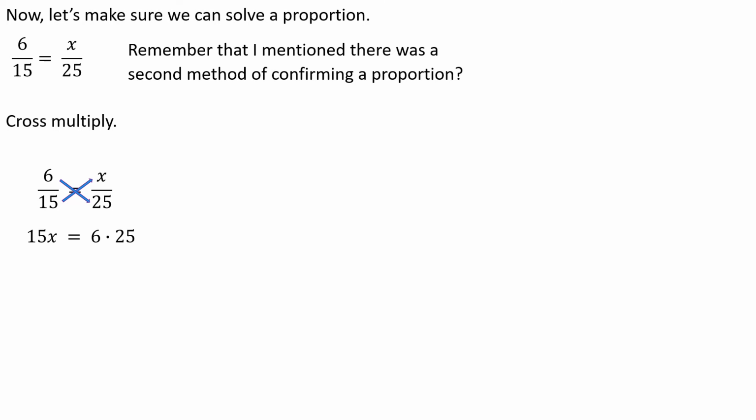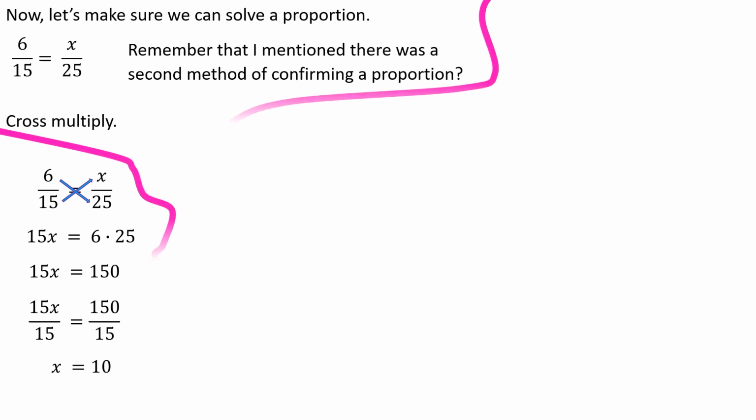So 15 times x must be equal to 6 times 25. This would probably be an acceptable time to grab a calculator. Not too many of us are going to do 6 times 25 in our head. 150 divided by 15. Hopefully you can eyeball that and say, hey, that's just going to be 10.